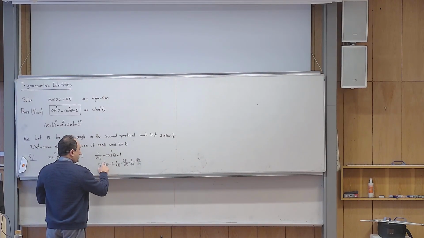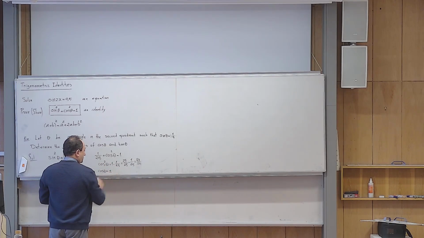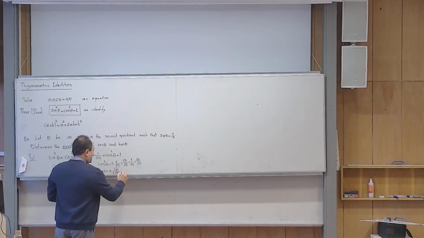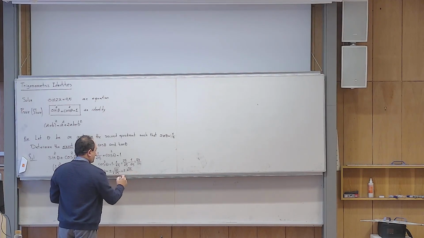Remember, when you take a square root to find an unknown, you have to put plus or minus first, then a square root. So it is plus or minus the square root of 24 over 25. This can be written as plus or minus the square root of 24, and the square root of 25 is simply 5.